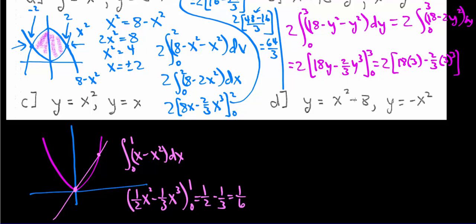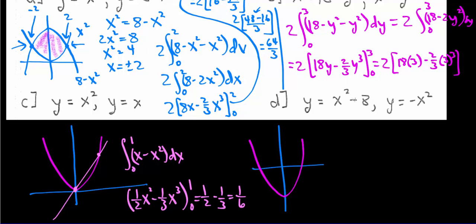Okay, now let's look at this one here. We've got x squared minus 8. So it's going to be down here, right? It's the x squared function that's been shifted down.